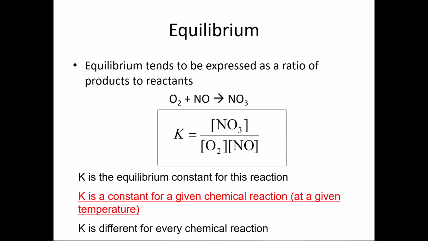Now when we calculate this K equilibrium value, we get a numerical value for the ratio. And this is a constant value at a given temperature. So for a particular reaction at a given temperature, our K equilibrium value will be constant.